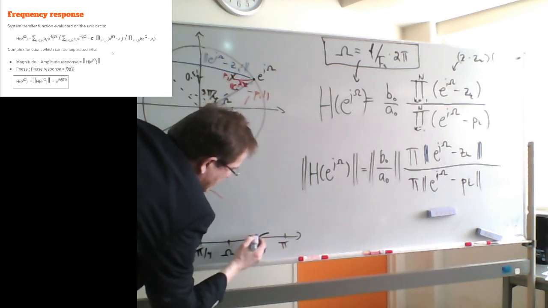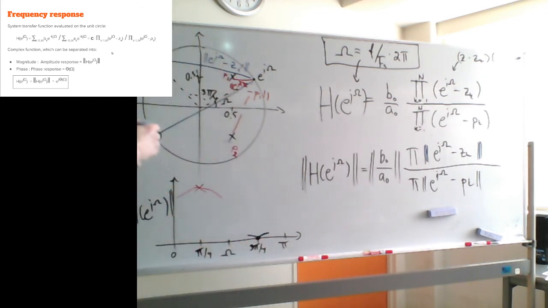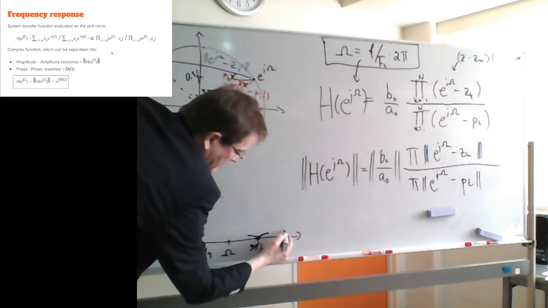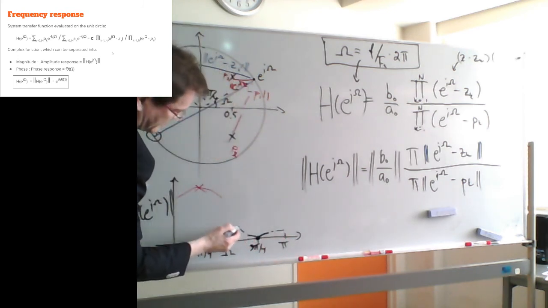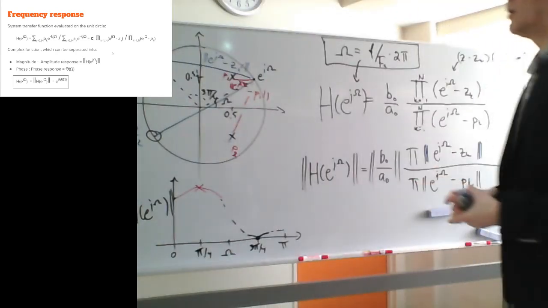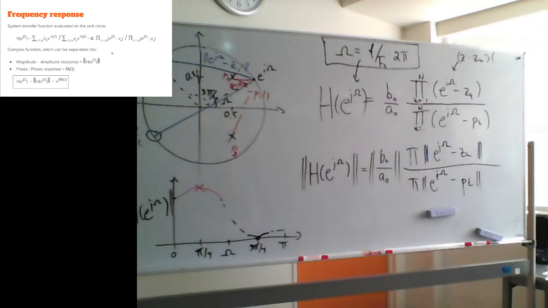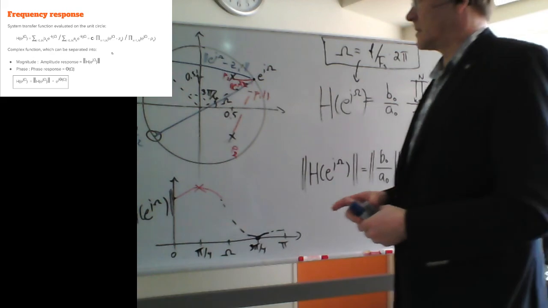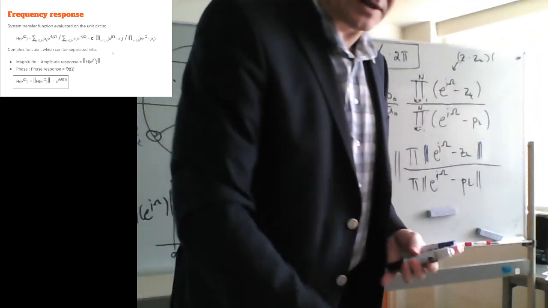Oops, maybe I should draw that one in a different color, meaning that we can actually just connect the dots, something like that. So that's our amplitude response, which is calculated or estimated directly from the unit circle and Argand diagram.